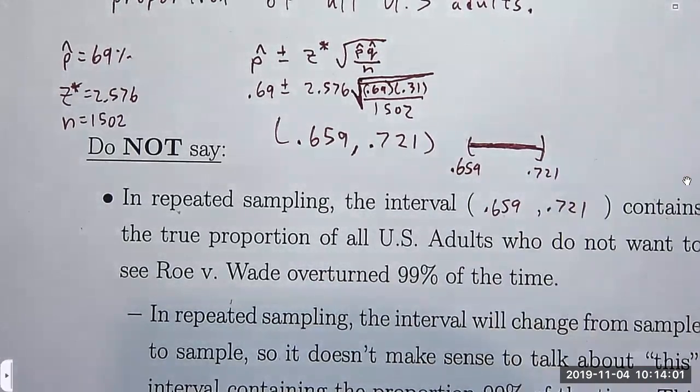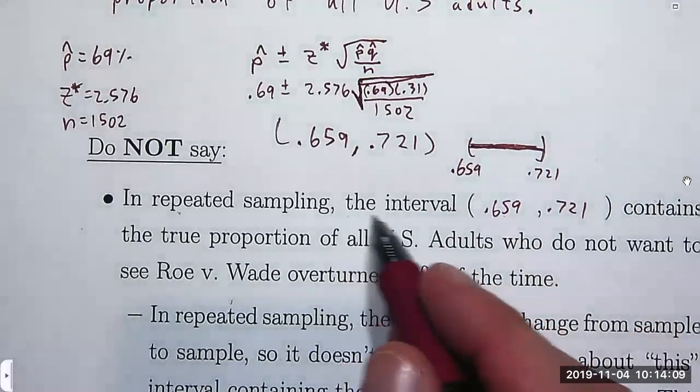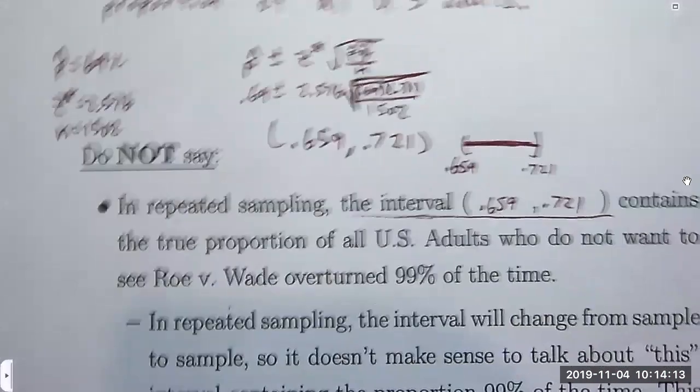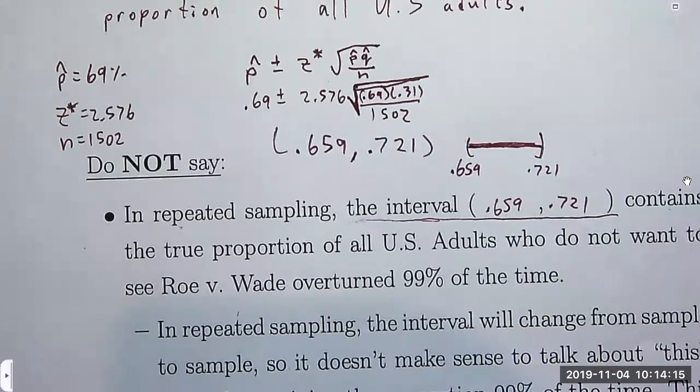All right, so here's some things not to say. Here they give this interval right there. But the issue is that if you were to do another sample, you'd get a different p hat. And that means that you would get a different interval.